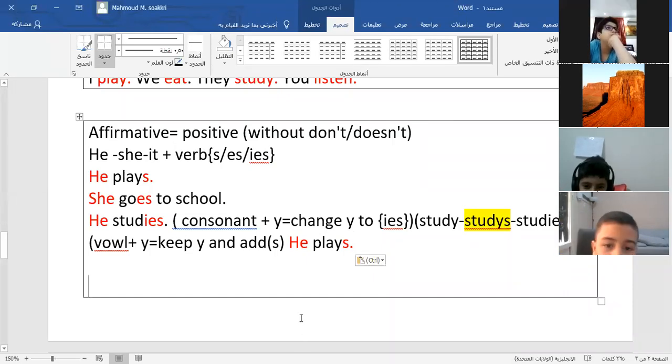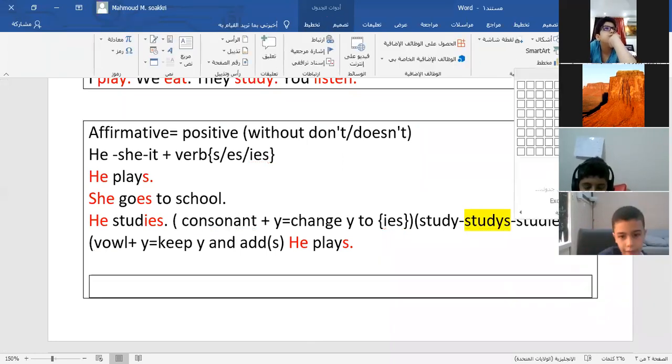Now let's move to the last part, negative sentence.